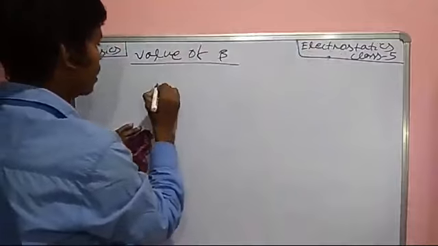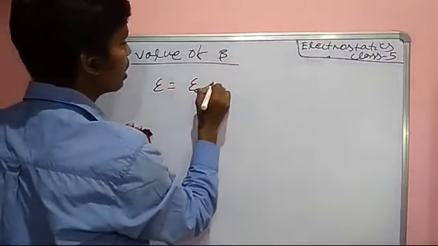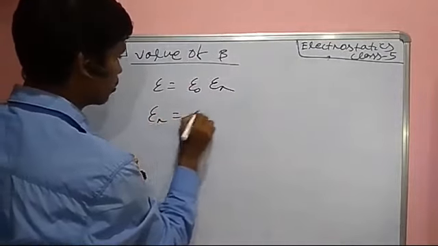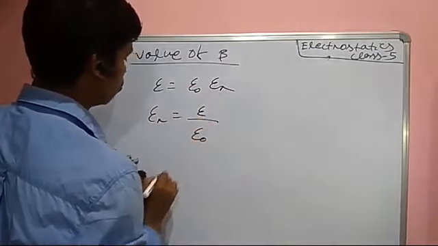So epsilon is equal to epsilon 0 epsilon r, so epsilon r is equal to epsilon by epsilon 0.